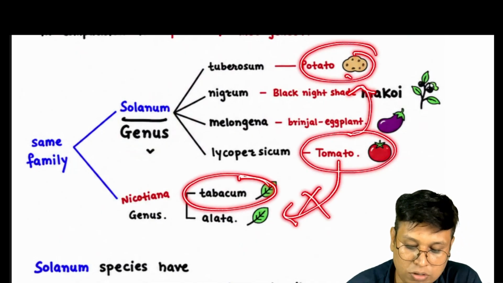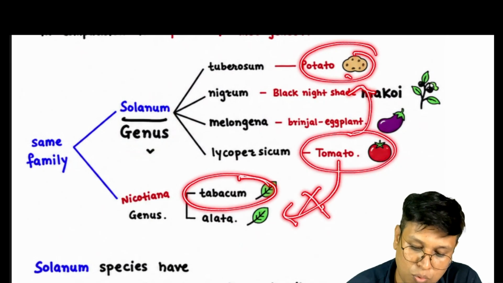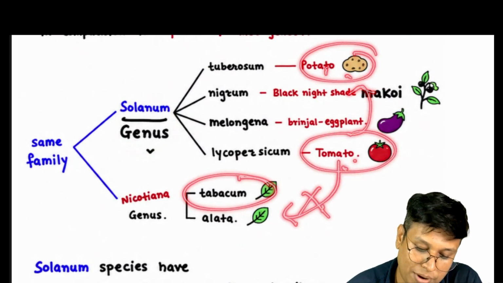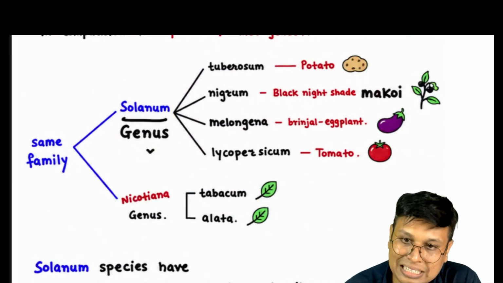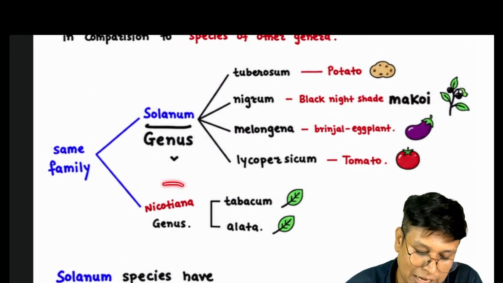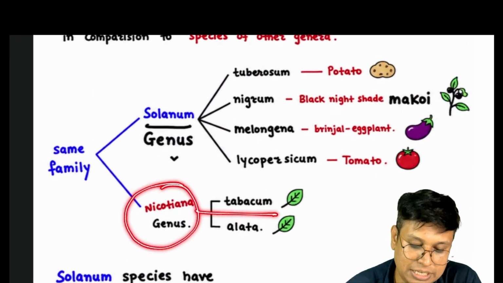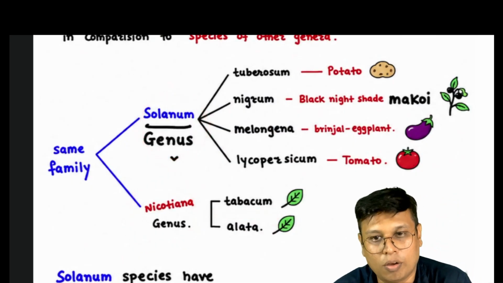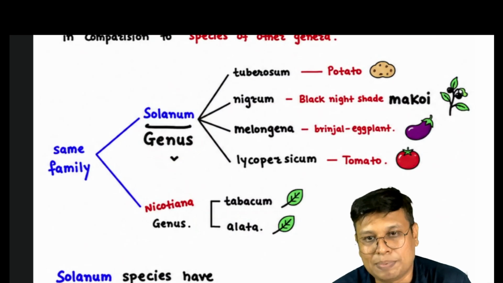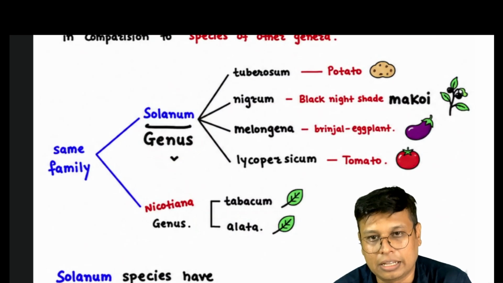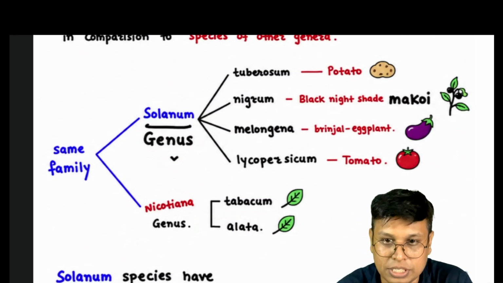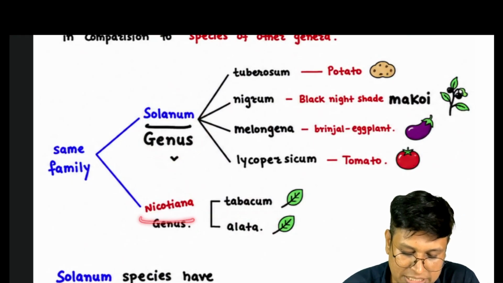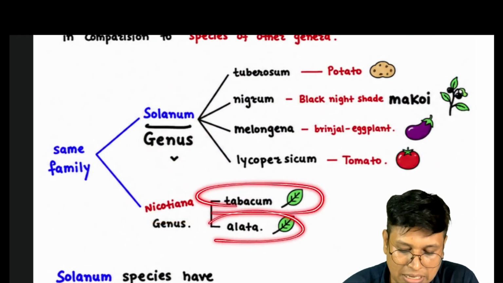They are not so similar. The reason behind this is simply that Nicotiana is a different genus, Solanum is a different genus. If you belong to the same genus, the species show higher similarity compared to species of other genera. Very simple. In the Nicotiana genus, we have two, tabacum and alata.